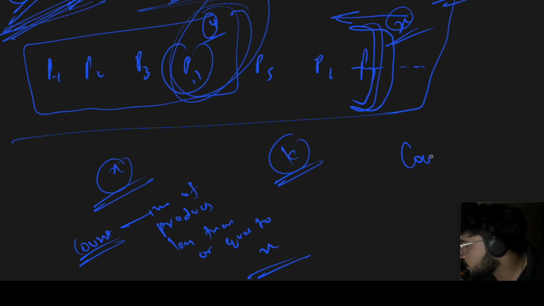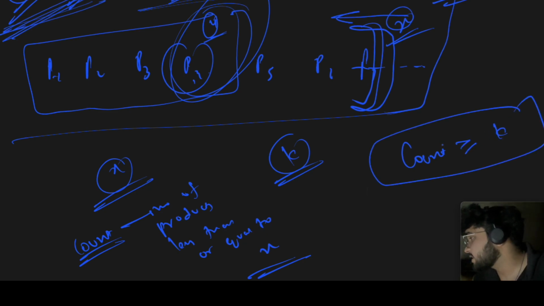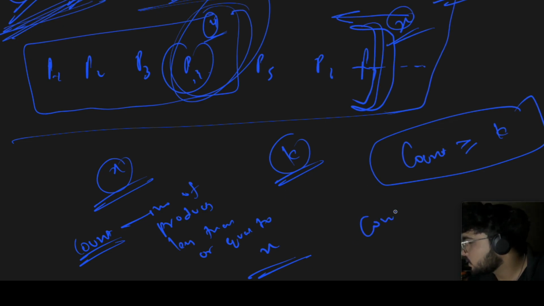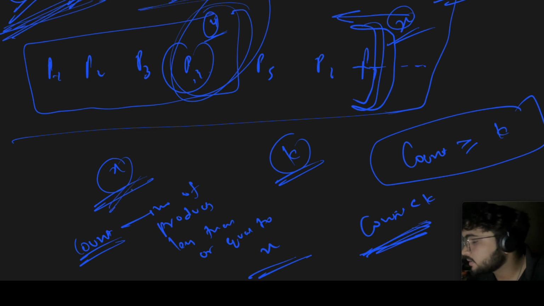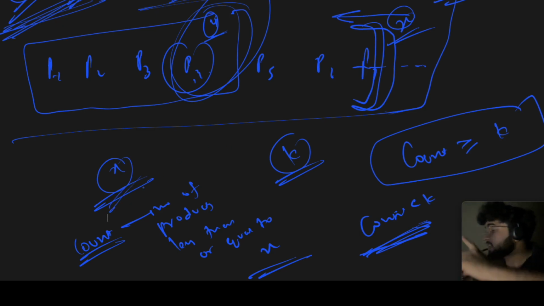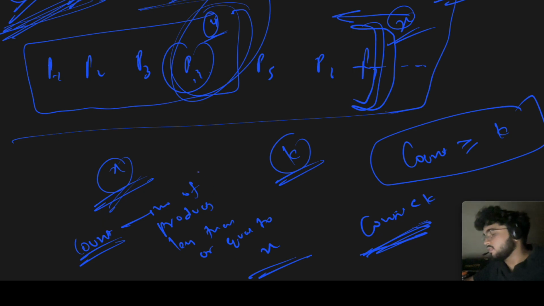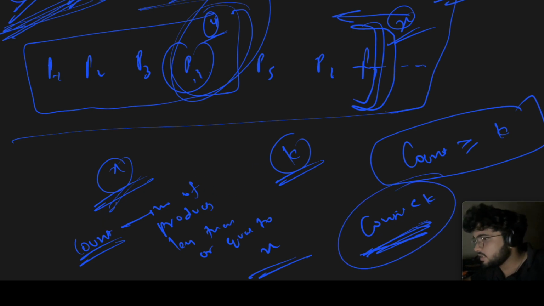If this count is greater than or equal to k, which means our answer is less than or equal to x, or if this count is less than k, which means fewer than k products are smaller than x, which means the kth smallest is greater than x. So in this case we need to go ahead, and x can never be our answer.